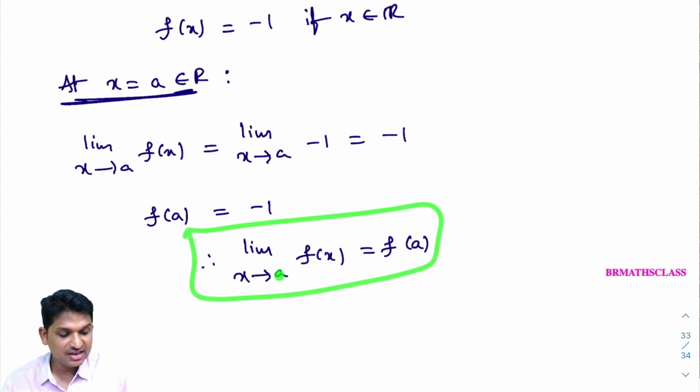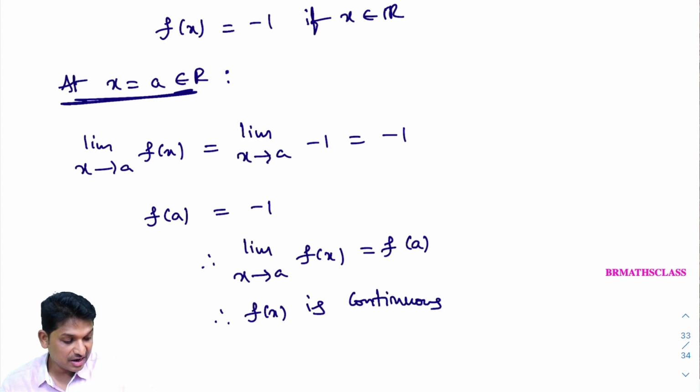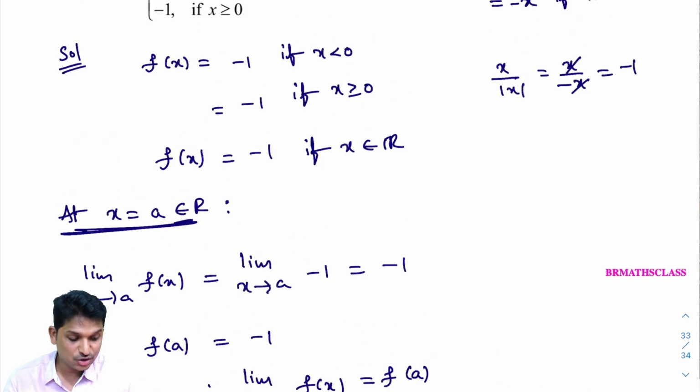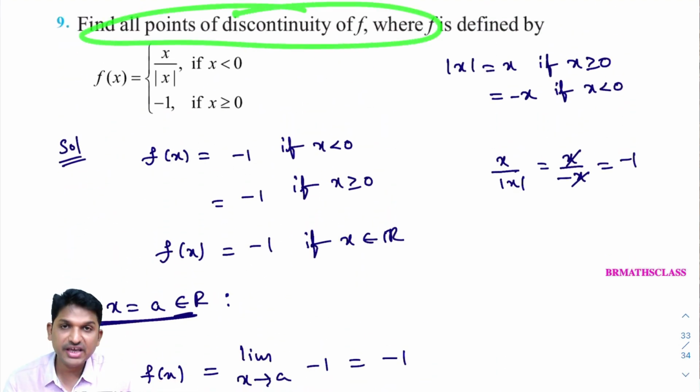What is a here? a is a real number. So I will conclude. Therefore f of x is continuous at x equal to a. What is a? a is any real number. So what they are actually asking in the question, find all points of discontinuity.